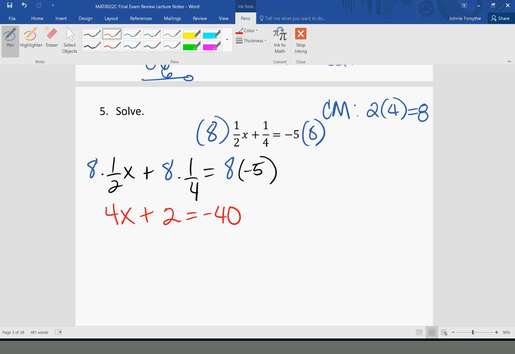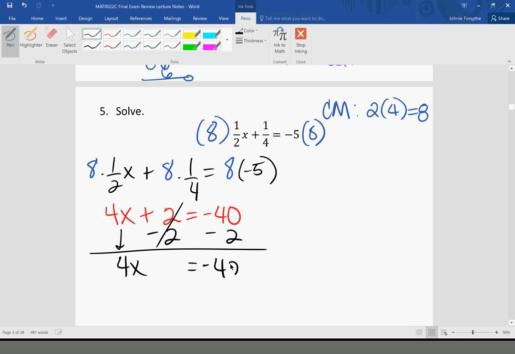So now, they want for this problem to write your answer as an integer or a reduced fraction. So now we're going to subtract 2 to start getting the x term by itself. So then I'm going to have 4x equals -40 minus 2, same sign, so you add and keep the sign, -42. And then to solve for x, I'm going to divide by 4.